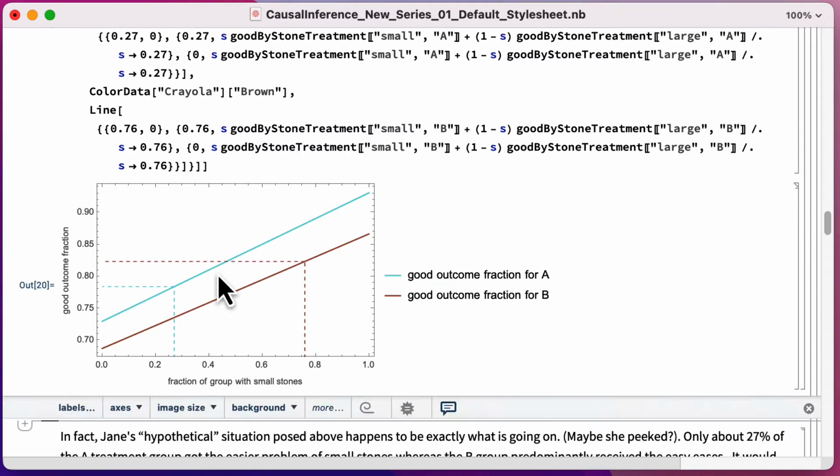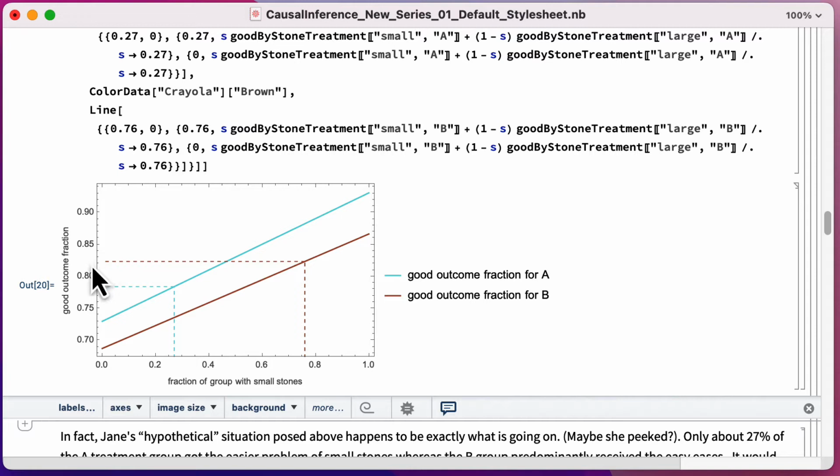And so let's actually now annotate Jane's graph, and you can see how Simpson's paradox is emerging. For the group that got treatment A, there's a much smaller fraction that actually has small stones. A tends to be used on people with big kidney stones, whereas for the people who got treatment B, they have a much higher fraction of the easier to fix small kidney stones.